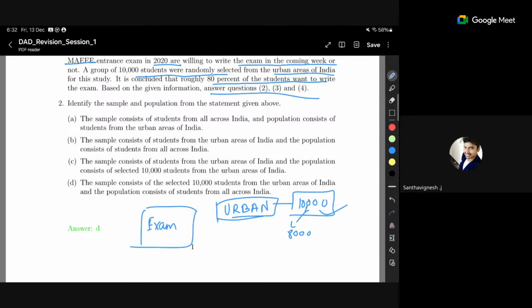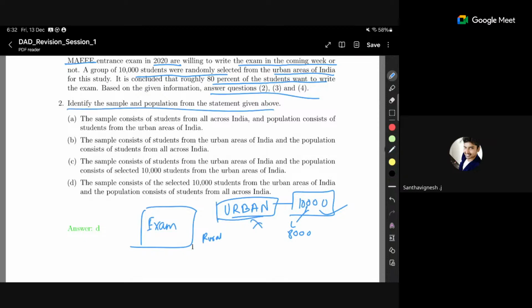Rural people have difficulty. They may have to travel more to the exam center, and if we don't include them in the survey, we most likely will not get the best results, right?